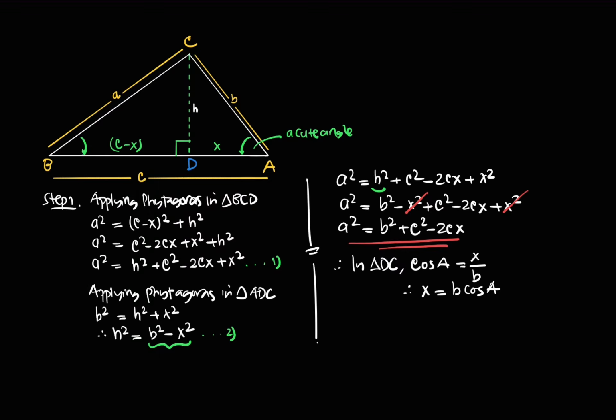So what is the correlation of this x to the other side, which is this? Then we can substitute it.